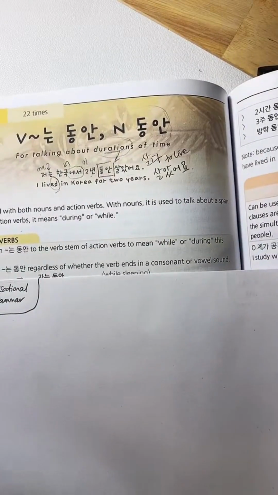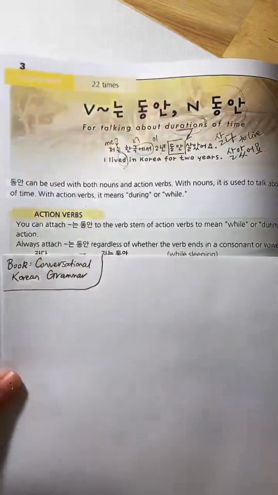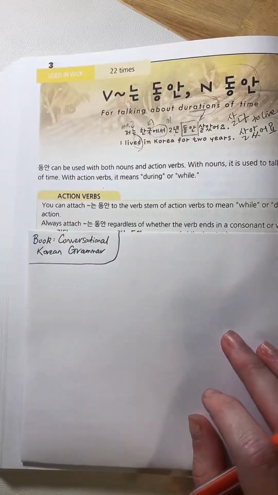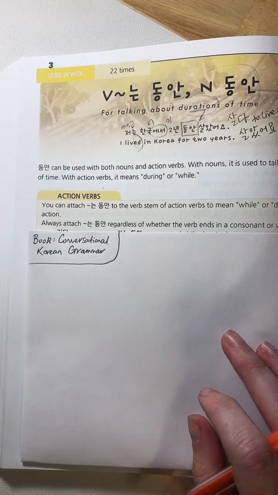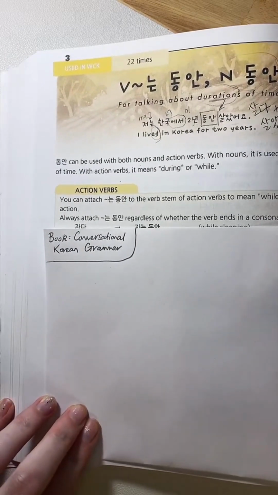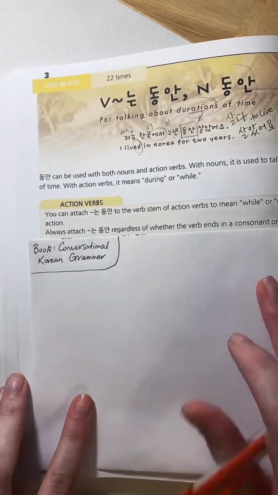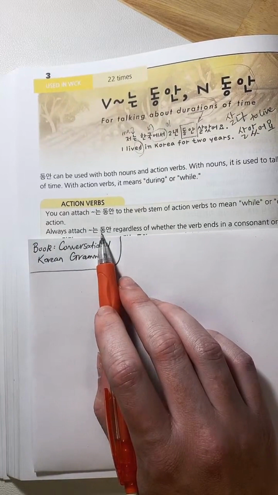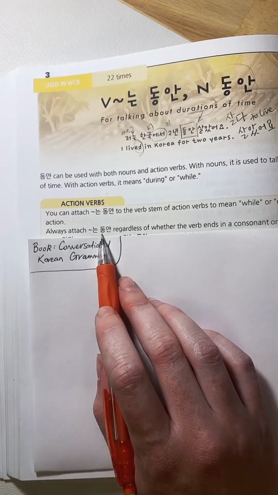So if you've been studying Korean for a while, you know that a lot of the grammar conjugations change a little bit depending on whether the verb ends on a vowel or a consonant. This is not one of those ones. So this one is always 는 동안. It doesn't matter what the verb ends on.